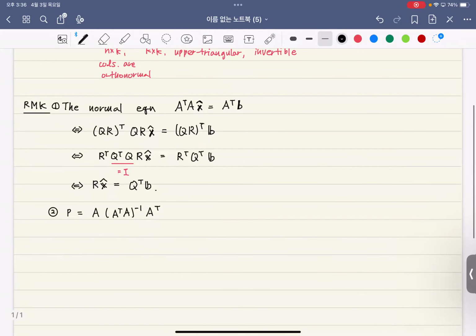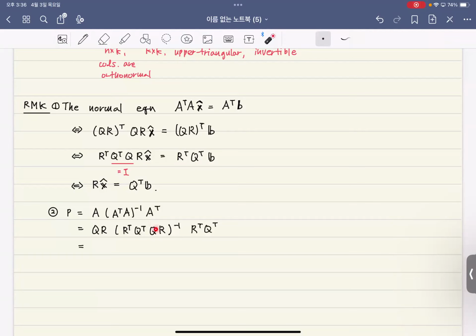But again, I am replacing A by QR, so this is R transpose, Q transpose, and QR, everything inverse, then R transpose and Q transpose. Same thing, so Q transpose Q is the identity.